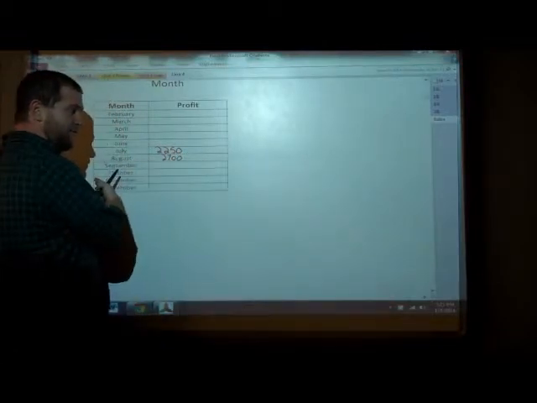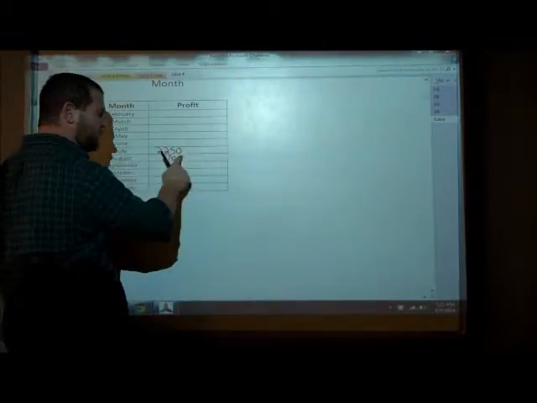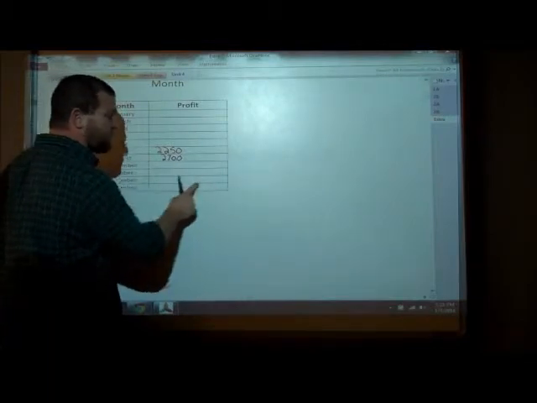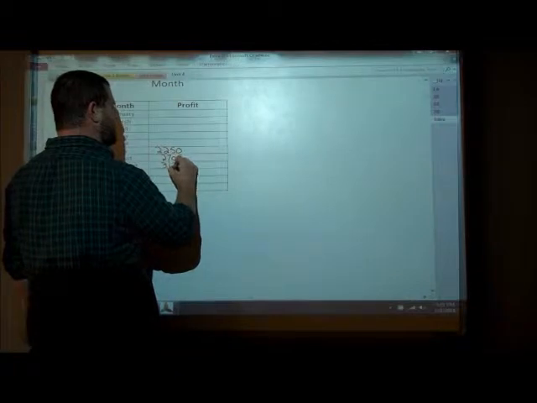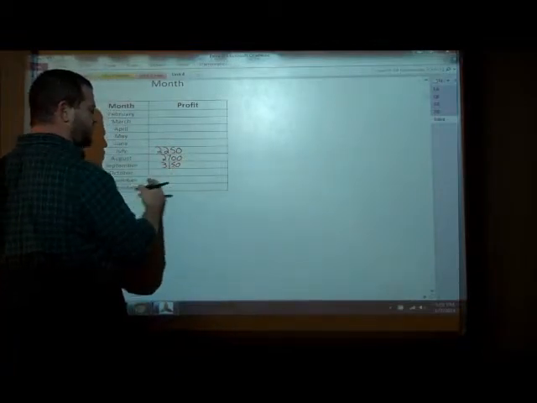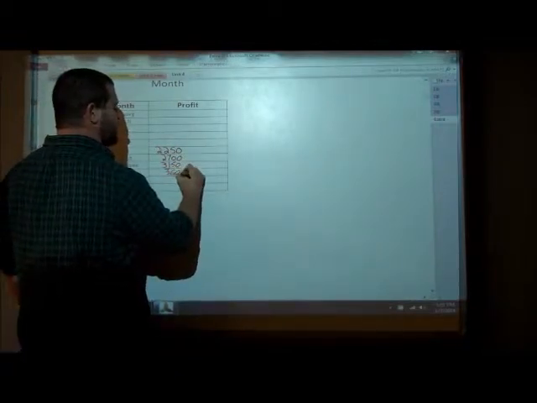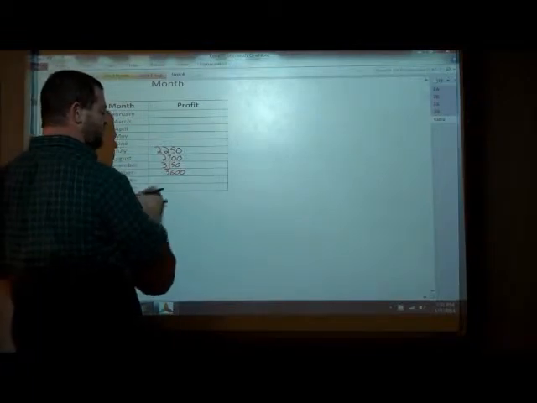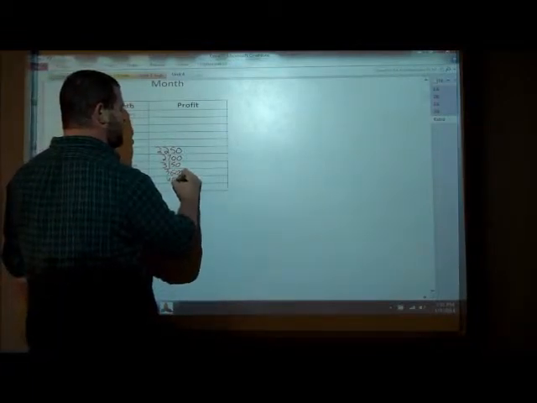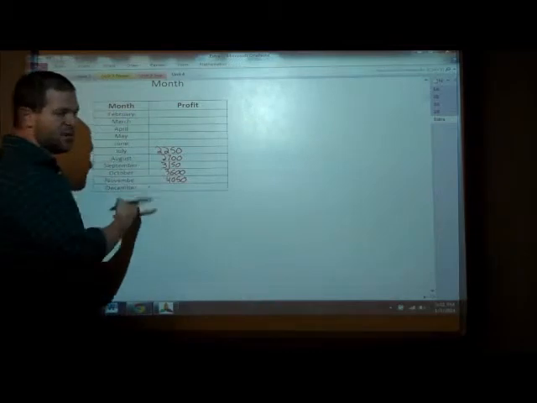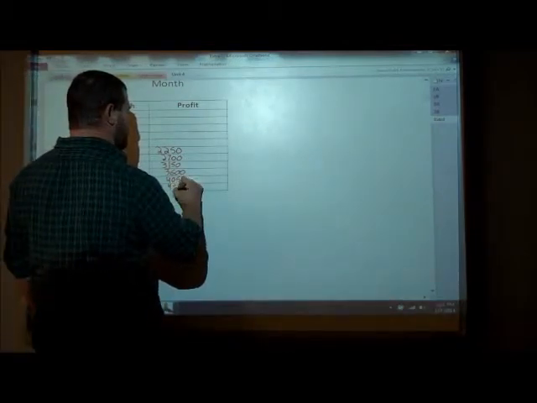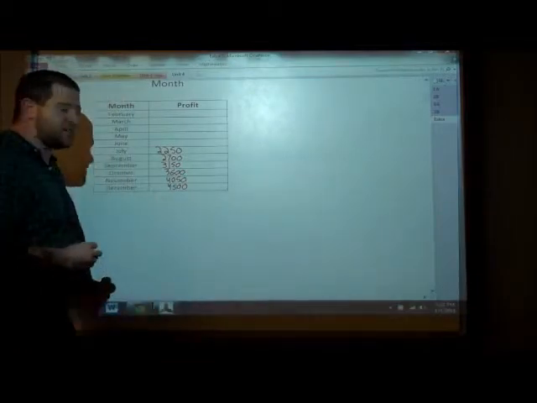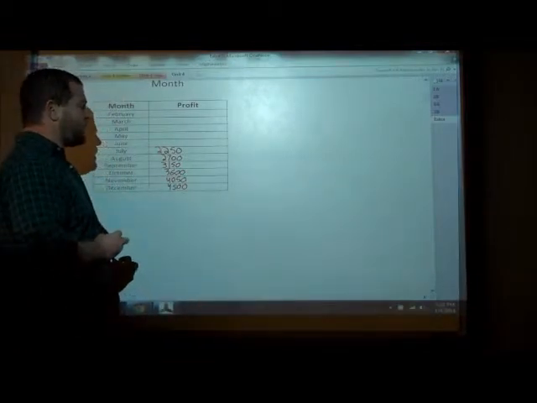Then she'll make another $450 every single month. $450, $450, $450, etc. So then she goes to $3,150. Makes another $450, $3,600. Makes another $450, $4,050, which is the number we're looking for. For the sake of finishing the graph, we can keep going to find out that in the last month, in December, she's going to have $4,500.